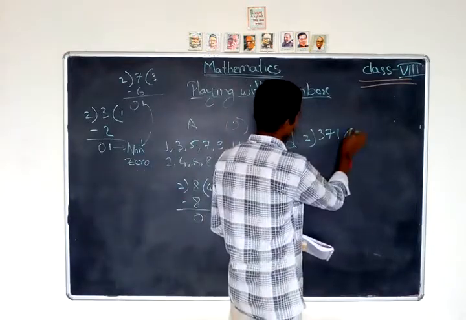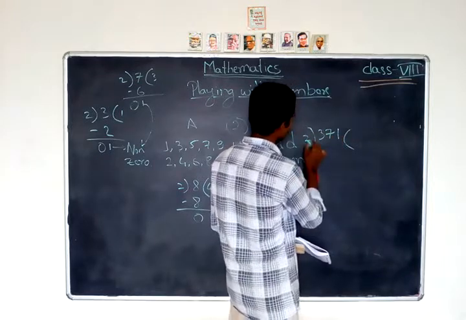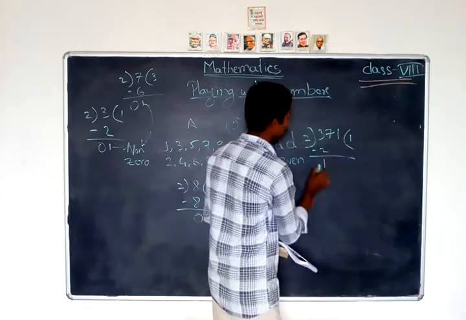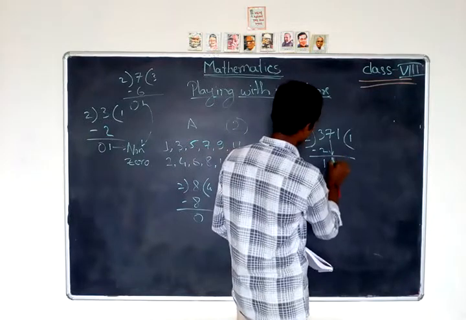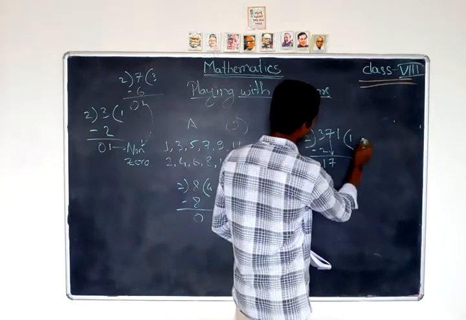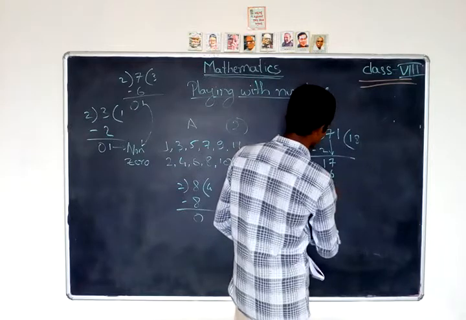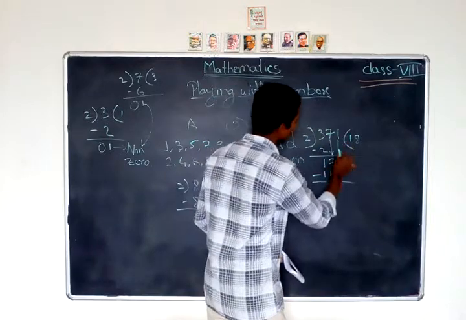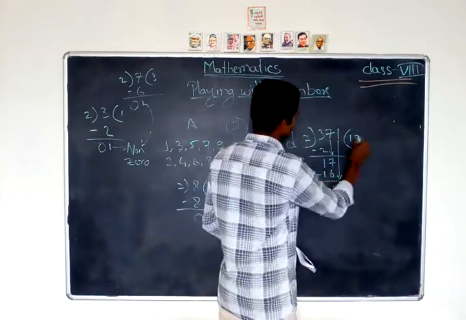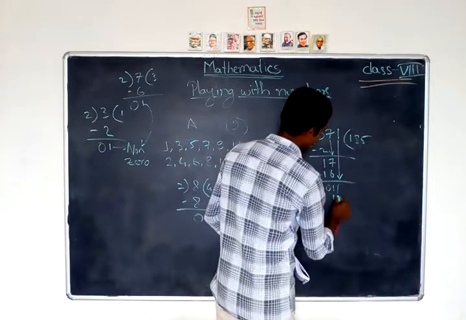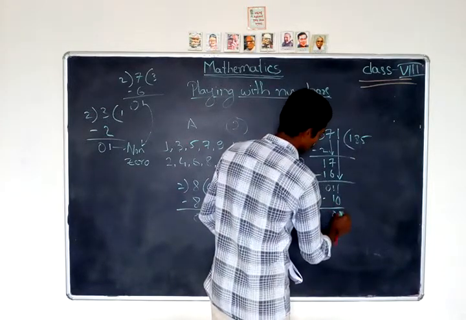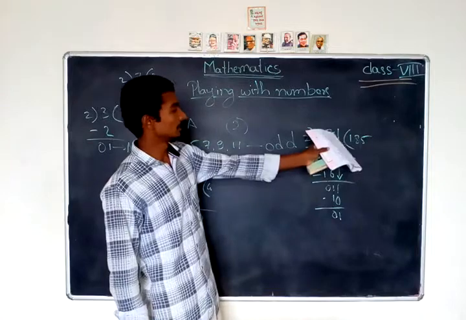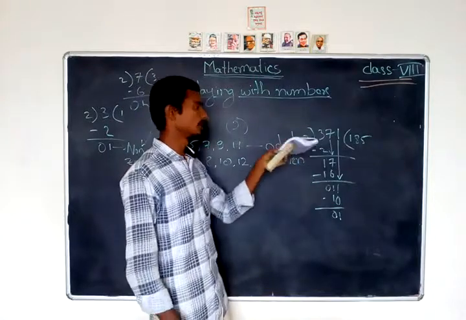So let's take it. 2 ones are 2, and 3 minus 2 is 1. 1 is not divisible by 2, so I will take 7 down. 2 8s are 16. Now 1 again, which is not divisible by 2. I'll take 1 down. 2 5s are 10. See, we are left with a non-zero remainder. So this number, which is odd, is not divisible by 2.